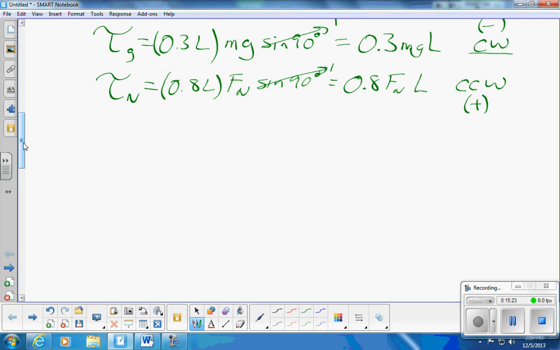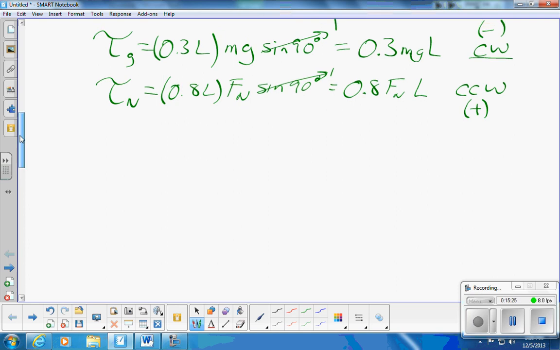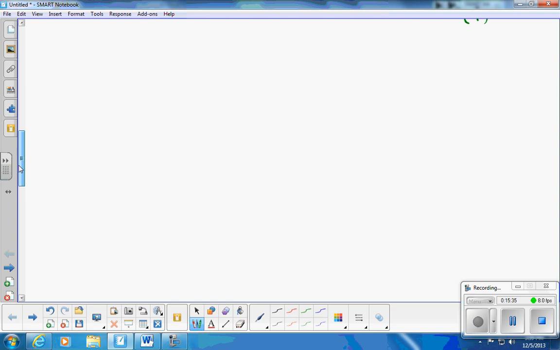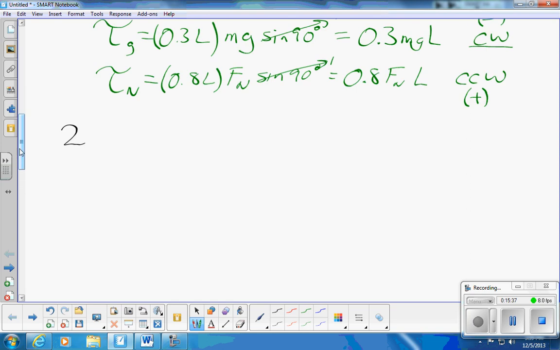A torque tends to make things have an angular acceleration. In this case, the torques on the stick are balanced, and the stick remains at rest, in other words with no angular velocity. But the answer to the second question, which I'm going to write down here, 2, what do torques do? This is very analogous to our discussion of forces with Newton's second law. An unbalanced force makes an object accelerate.